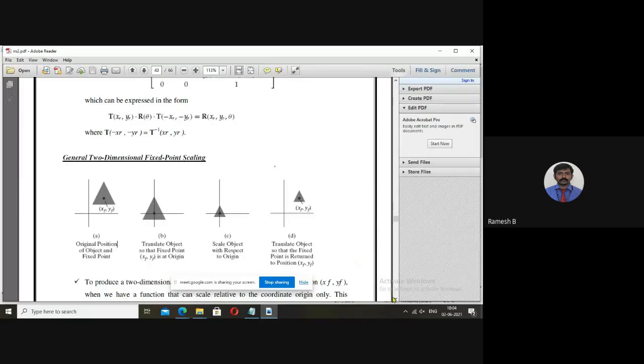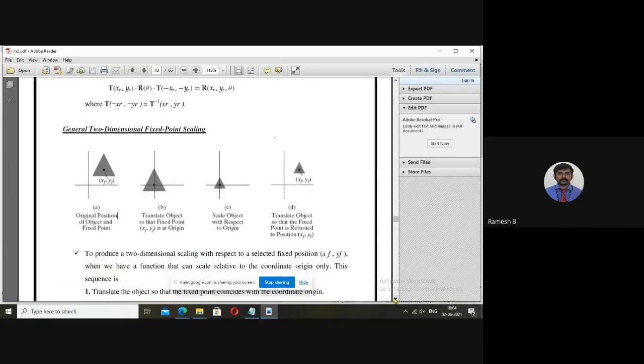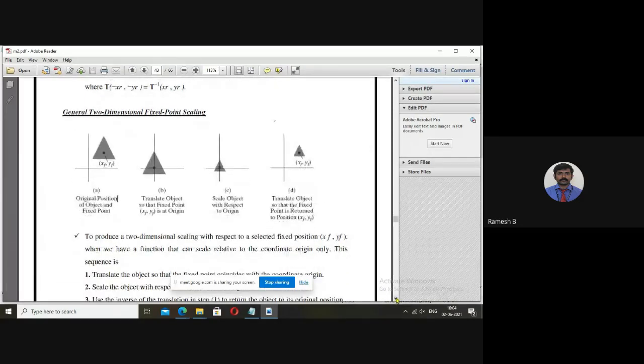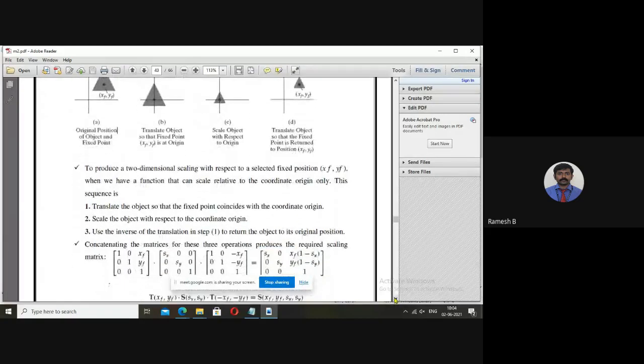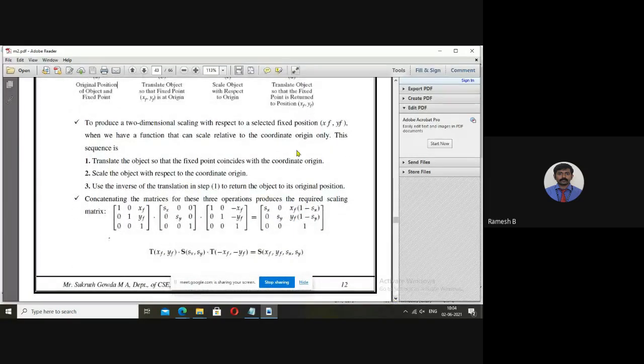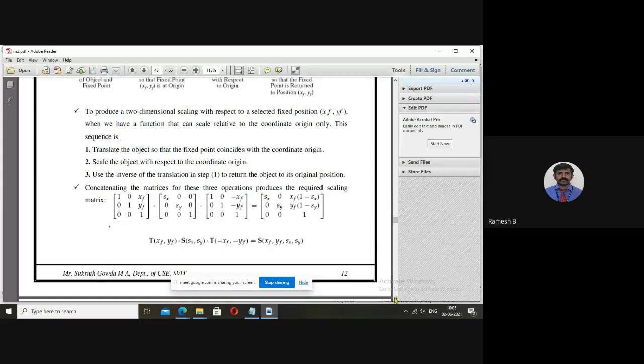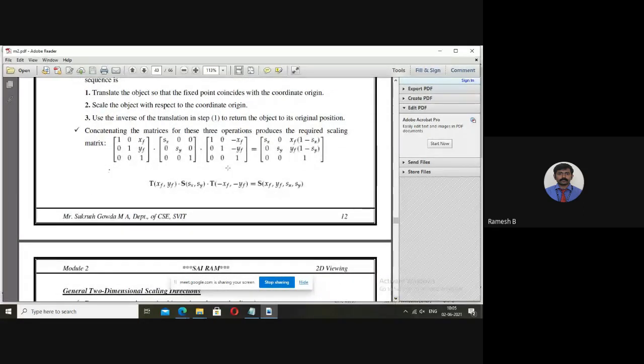I told you all these things in the last class. This is the matrix representation for the transformation. At the end you can see the equation which does translation, scaling, and inverse translation.